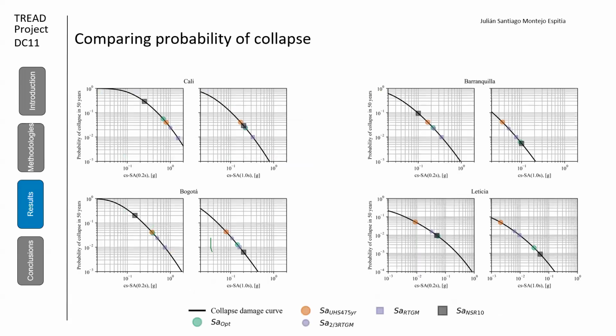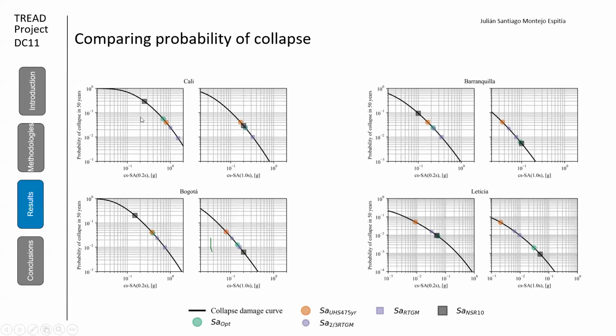What we found is this example using 4 different cities in Colombia. We have Cali, Bogota, Barranquilla, and Leticia, from high hazard to the lowest hazard.